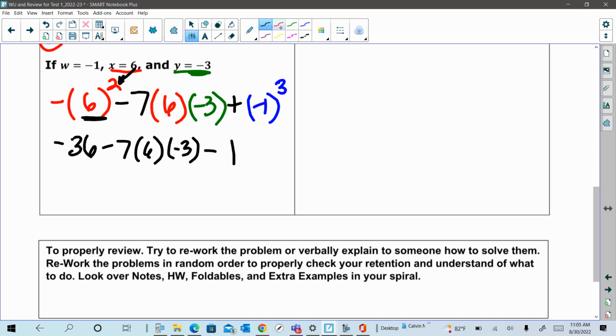Now we're doing our operations from left to right: -36 minus 42 times -3 minus 1.